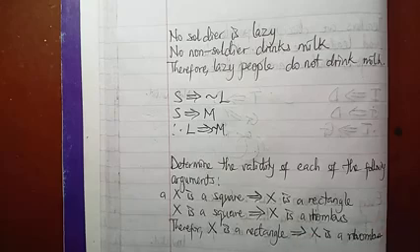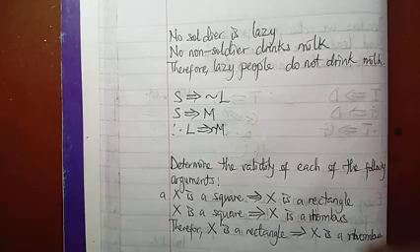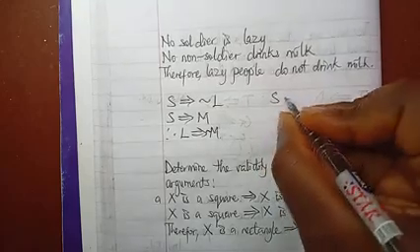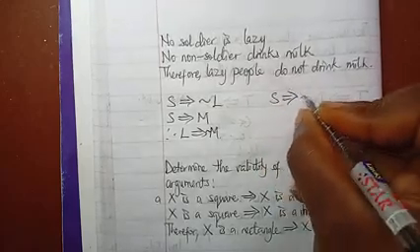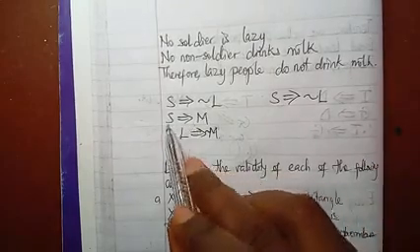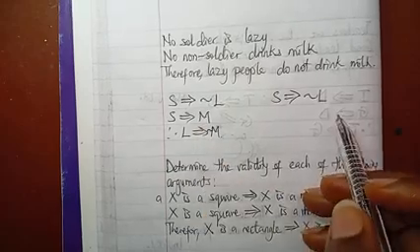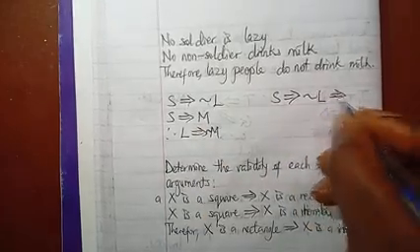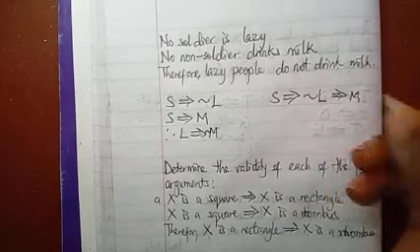So let's check whether this argument is a valid one or not. So we can see soldiers implies no laziness. And it's only soldiers that can drink milk. So a soldier is not lazy and a soldier is only allowed to drink milk.